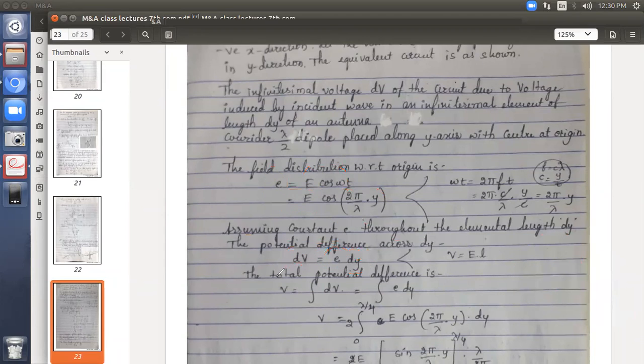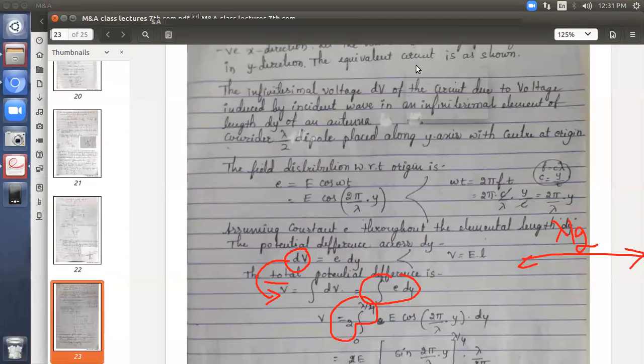Once we get this, this is the small voltage induced due to a small portion of the element dy. If we want the total induced voltage or total potential difference, we have to integrate this term. Integrate over what? What is the total length of your antenna? The name suggests it is lambda by 2.